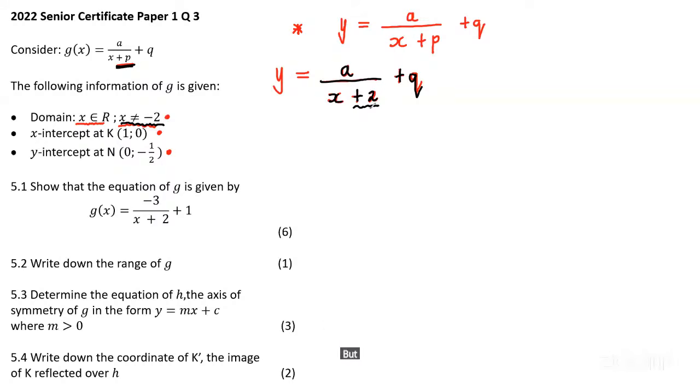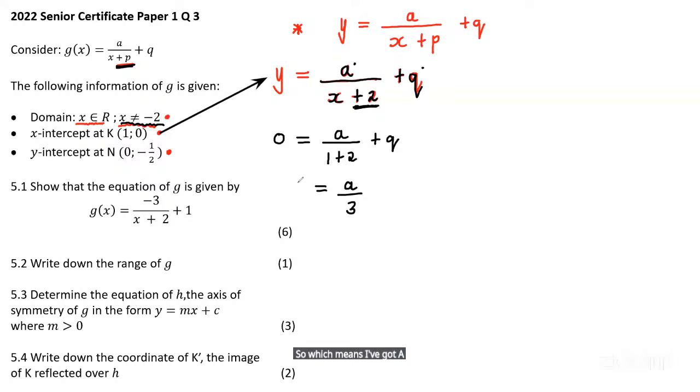But now I found the p part. I don't know a, I don't know q. Maybe let's substitute. We'll substitute the x-intercept first, which occurs when y is 0 and the value of x is 1. So I go 1 plus 2, then plus q. So which means I've got a over 3, that's my 0, plus q.